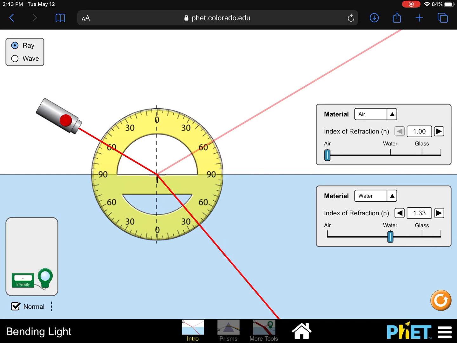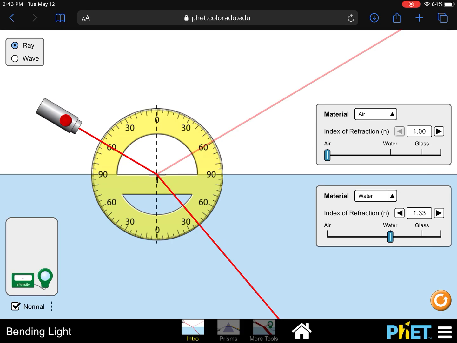So those angles relative to the normal, or you could think of between this boundary of the surfaces, are going to be equal. So there's our proof that that does exist. What we're focusing on today isn't the light that bounces off, but the light that goes through.